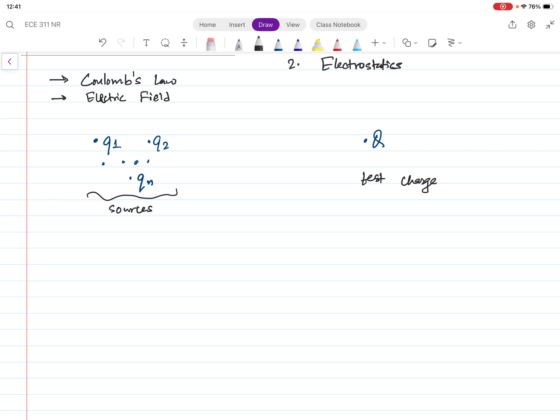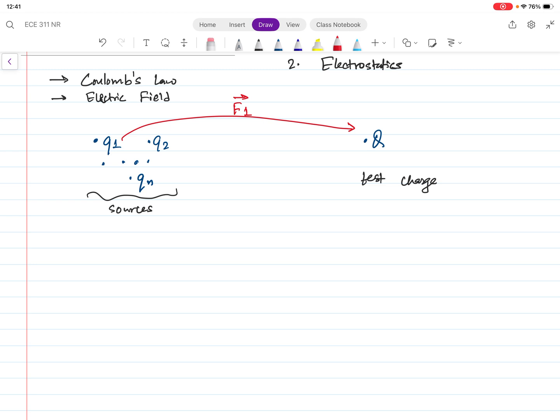Well, for this we will have to find the force exerted on capital Q due to the individual charge Q1. Let's say that is force F1, and electric forces are vectors, so we'll use a vector notation.